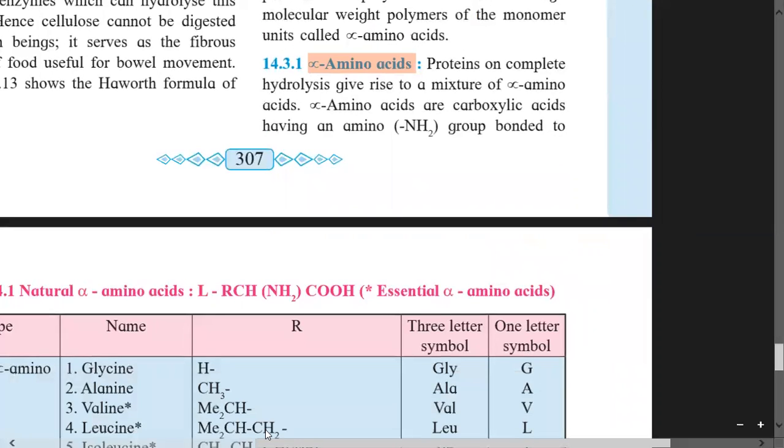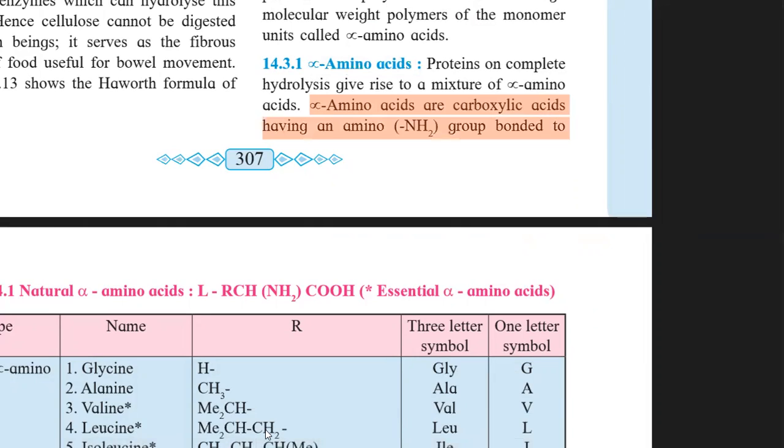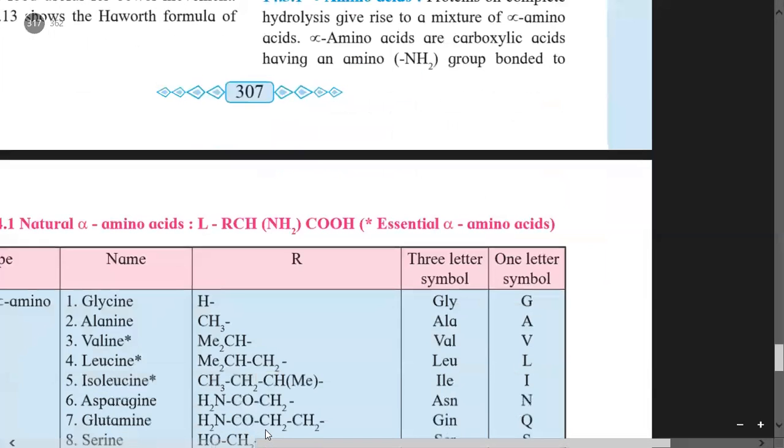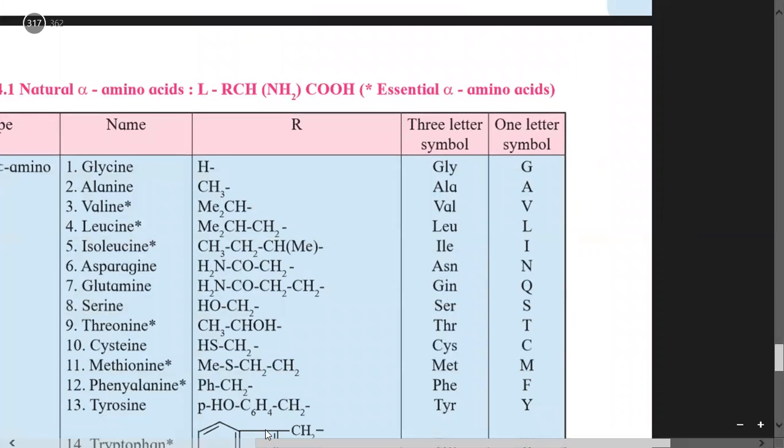This alpha amino acid is a carboxylic acid having an alpha carbon with an amino group, that is, an NH2 group. Therefore they are called alpha amino acids.